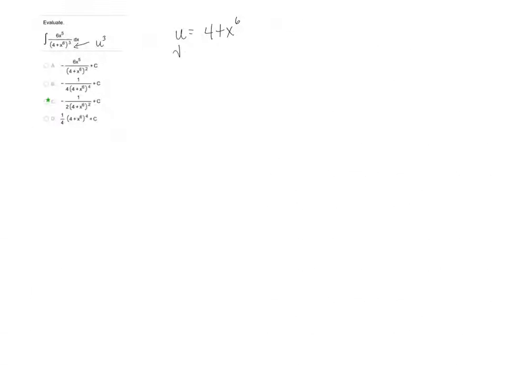And then du, the derivative of u here, is going to be 6x to the 5th, which is what we have on top. So what we actually have is something of the form u to the -3 du.